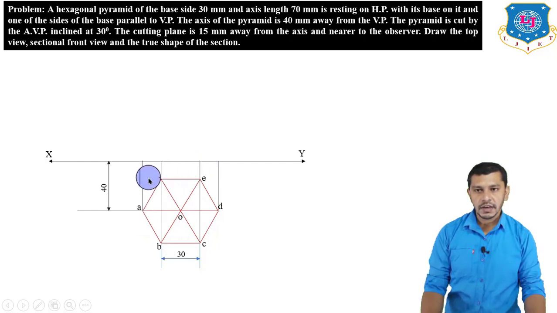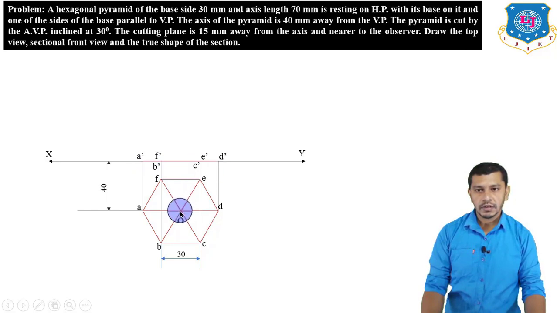Mark this point. This is A dash, this will be B dash F dash, this will be C dash E dash, and this will be D dash. So mark these points and draw the base. This will be the elevation of the base. Now we have to draw the front view after drawing the base.